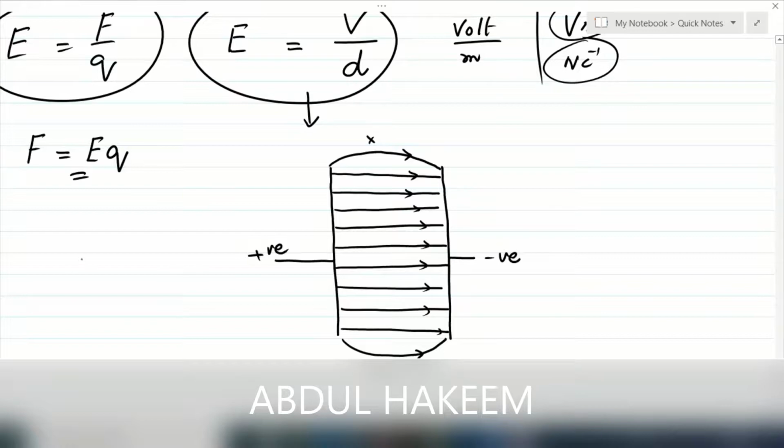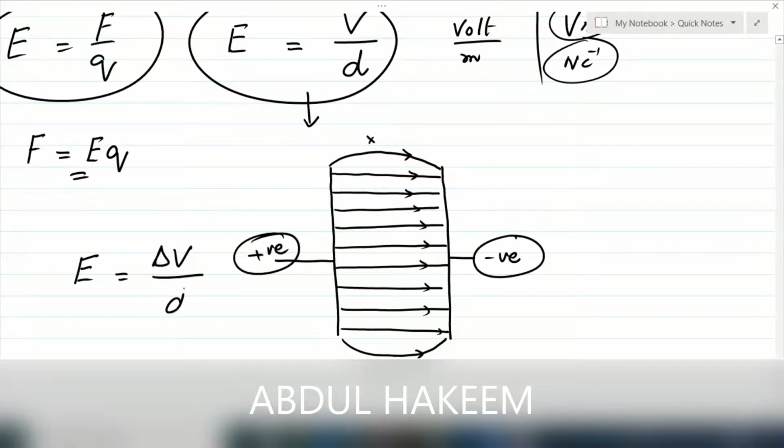So what is E between these two plates? This is actually the potential difference between these two plates divided by the separation between the two plates. Now, in this area, the electric field is uniform.